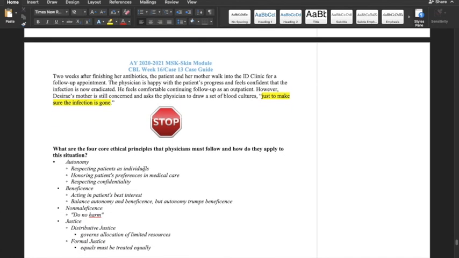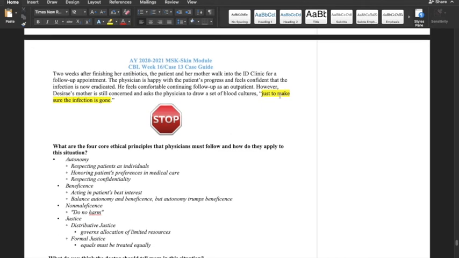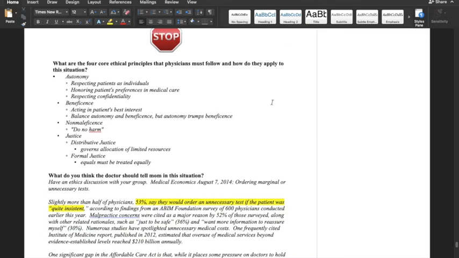And then finishing up this case, 2 weeks after finishing antibiotics, patient and mom come to the ID clinic for follow-up. They're happy with how she is doing. However, mom wants to draw one more set of blood cultures just to be sure. And that brings up a great conversation about the 4 core ethical principles that we must follow in taking care of patients. So why is this important?